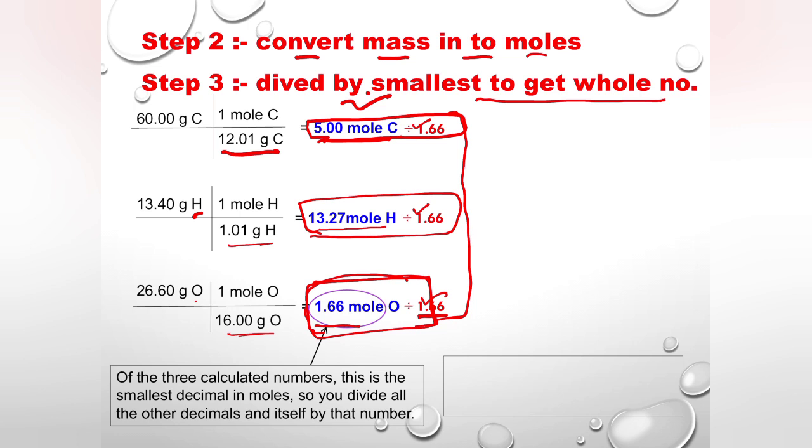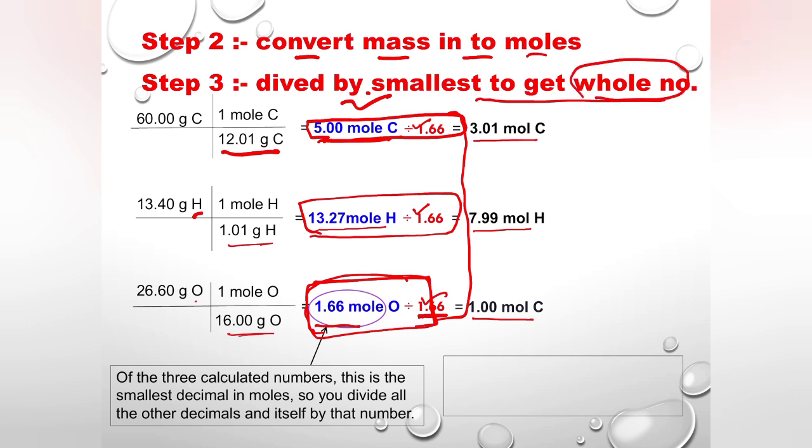All three values must be divided by 1.66. After dividing, we get the exact number of moles in whole numbers: 3.01 moles of carbon, 7.99 moles of hydrogen, and 1 mole of oxygen. Now we get the moles in whole numbers.